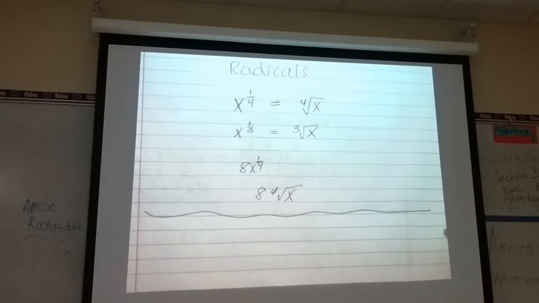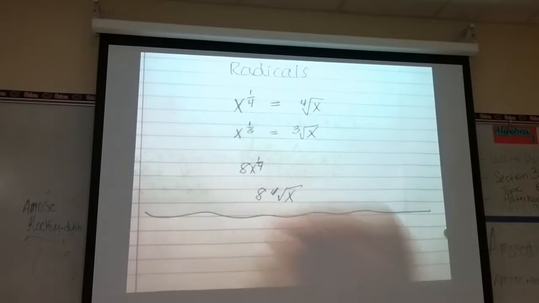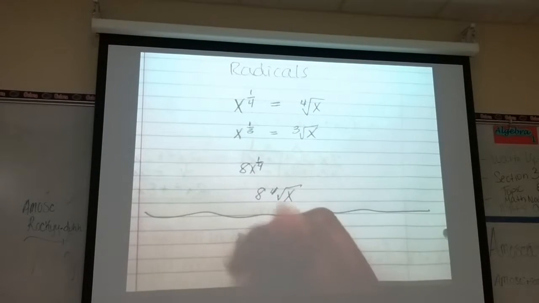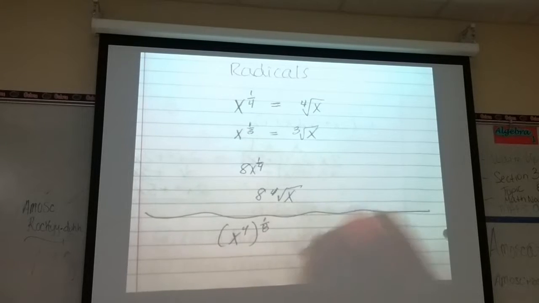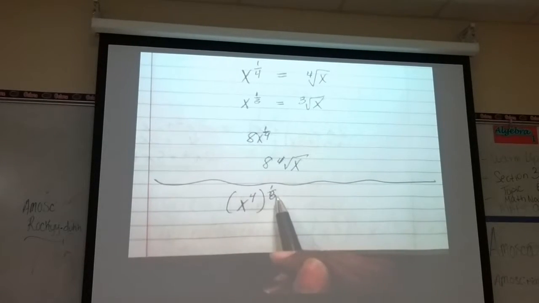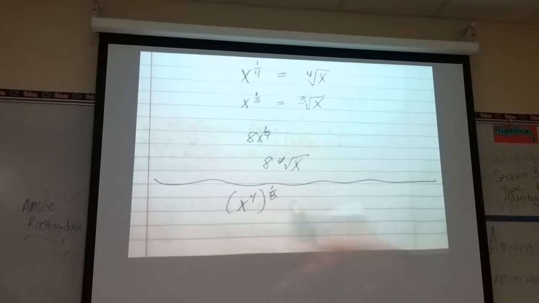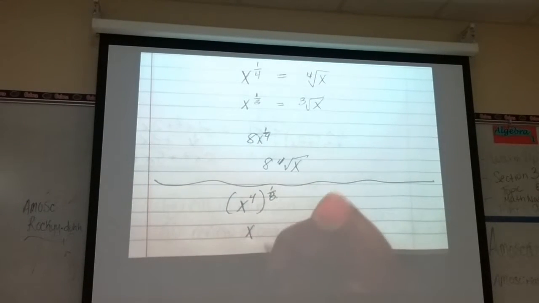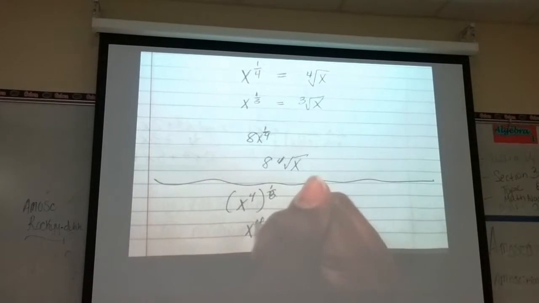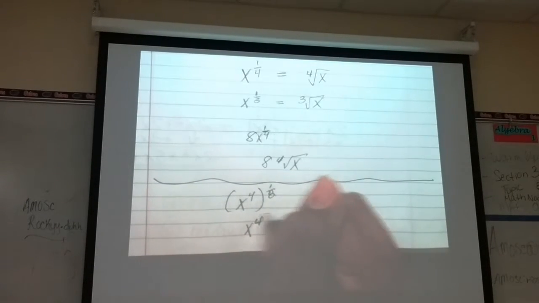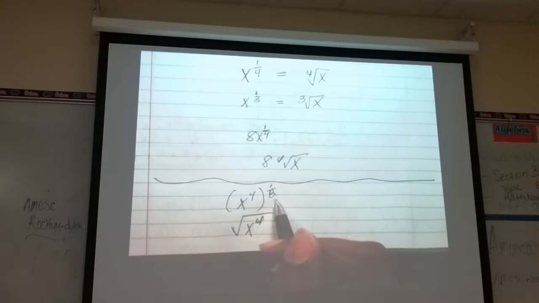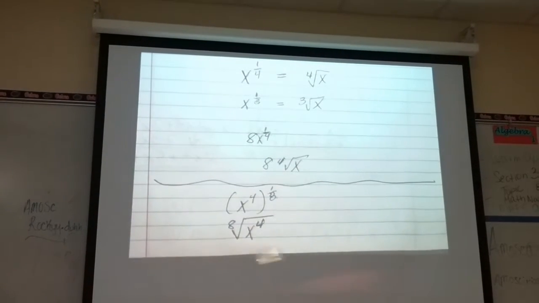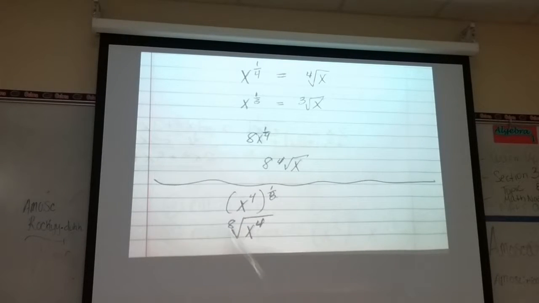Alright, another example. When you have parentheses, so this will still be x to the 4th, but what is on the outside of the radical is the same as the fraction. 8 will be on the outside.